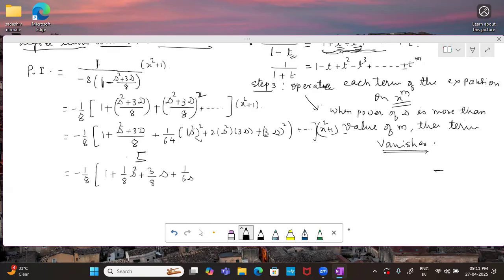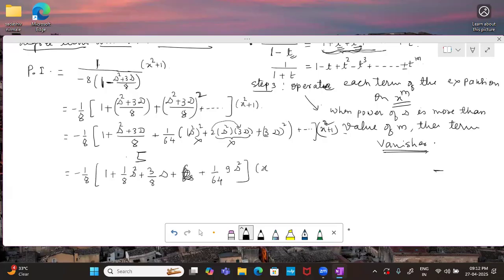So this term is to be rejected because power of d will be 4 and that is more than 2. That's why I drop this term. No need to write this term. Here also, if we simplify, 2 3s are 6 into d cube. And d cube means power of d is more than 2. So this term also vanishes. So only one term is left, that is the 1 by 64, 3 square is 9 into d square.